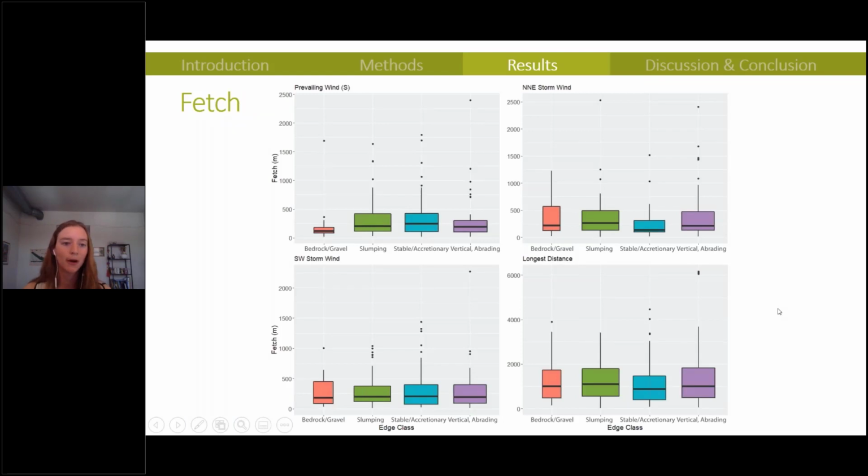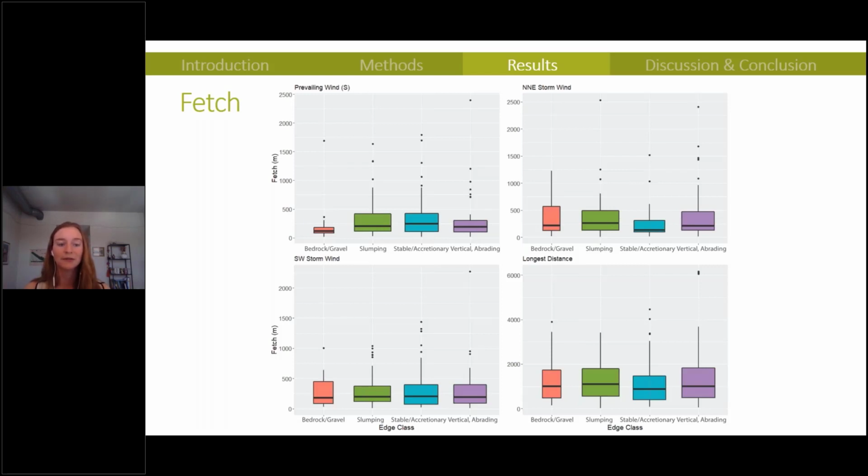And this is further confirmed by looking at fetch. Each of these plots shows fetch for the different wave directions that we measured. And the different colors of the box and whisker plots are the different marsh edge categories. So we have bedrock and large gravel, slumping, which is eroding, stable or accretionary, and vertical and abrading, which is also eroding. So these green and purple box and whisker plots are the eroding edges.